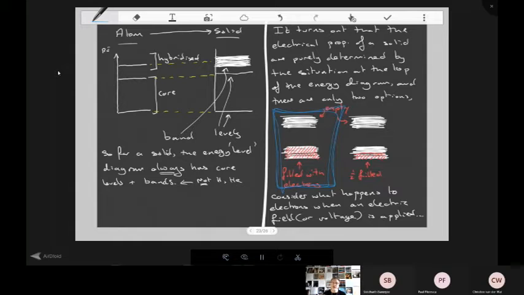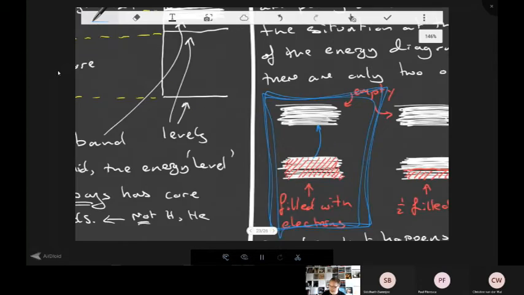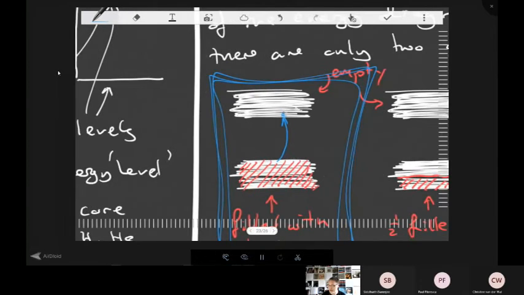thermal energy, energy associated with the vibration of the molecules in the substance, is enough. If the temperature is high enough, it provides enough energy for electrons to leap across the gap. And then, of course, they can take part in conduction, because they are next to unfilled states.